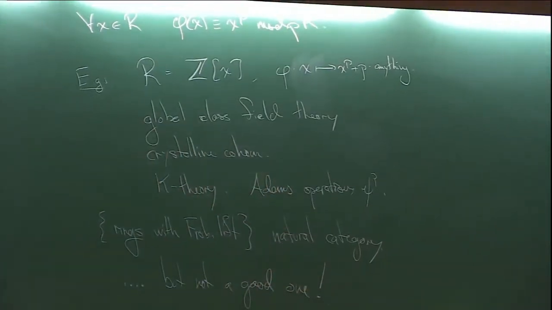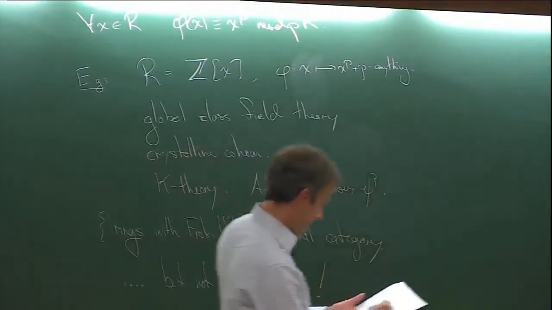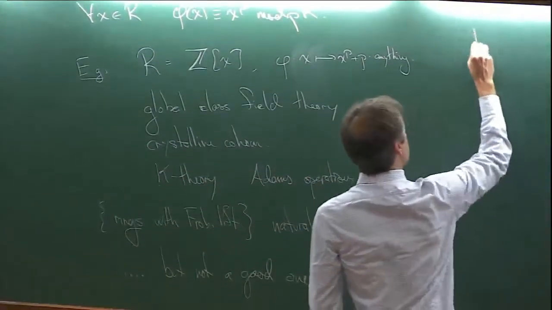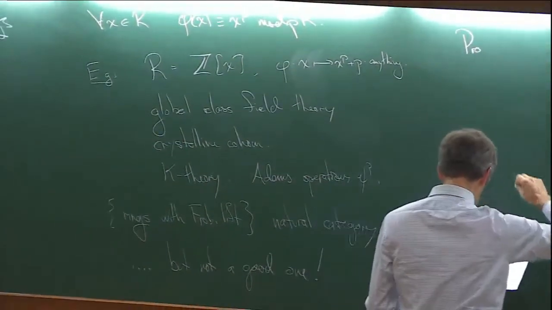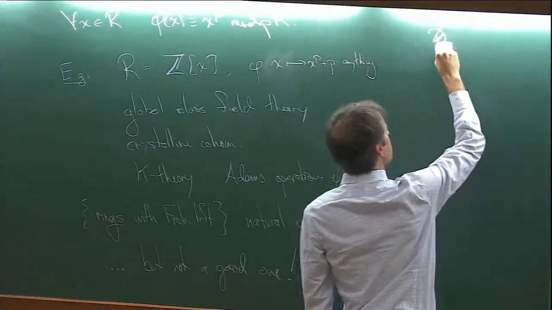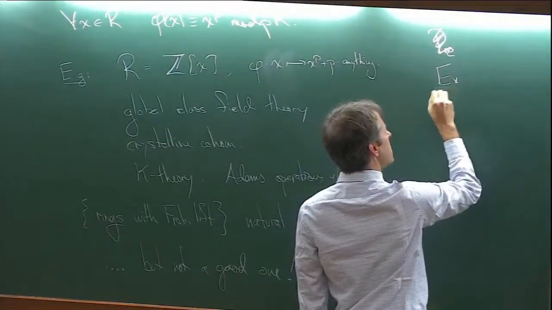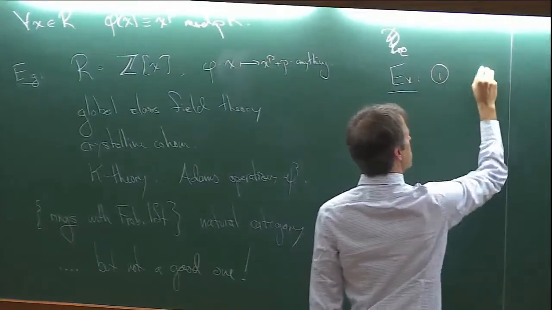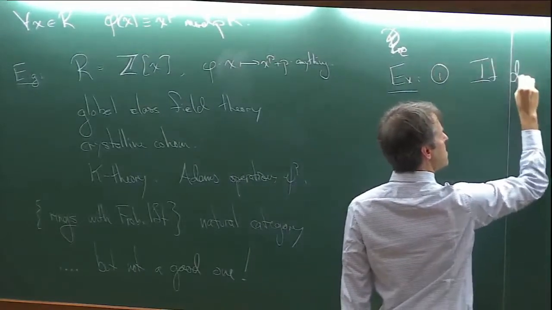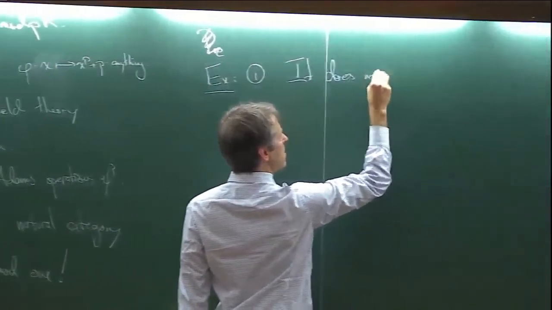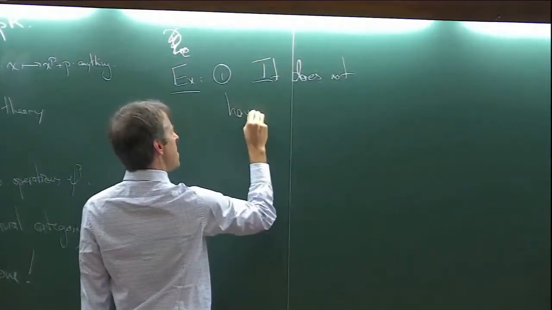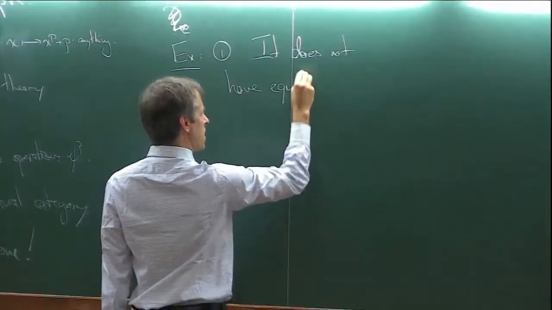It fails to have some properties that you might want in a category. And the problem, let me give you a little exercise, exercise 1. It does not have so-called equalizers.